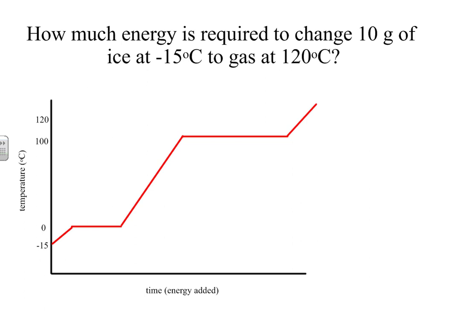Each part is going to require a different calculation. So I'm going to go ahead and label those. So we'll have this energy added here, which will be number 1. The energy here, number 2.